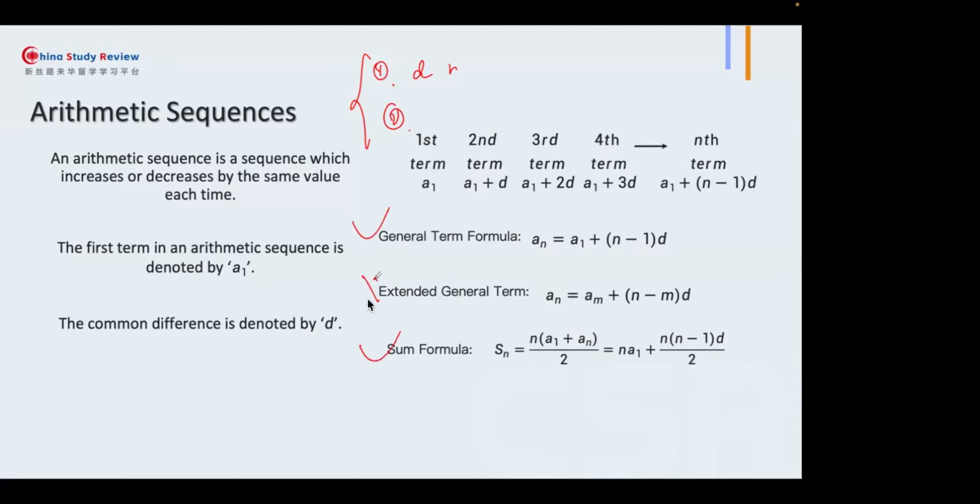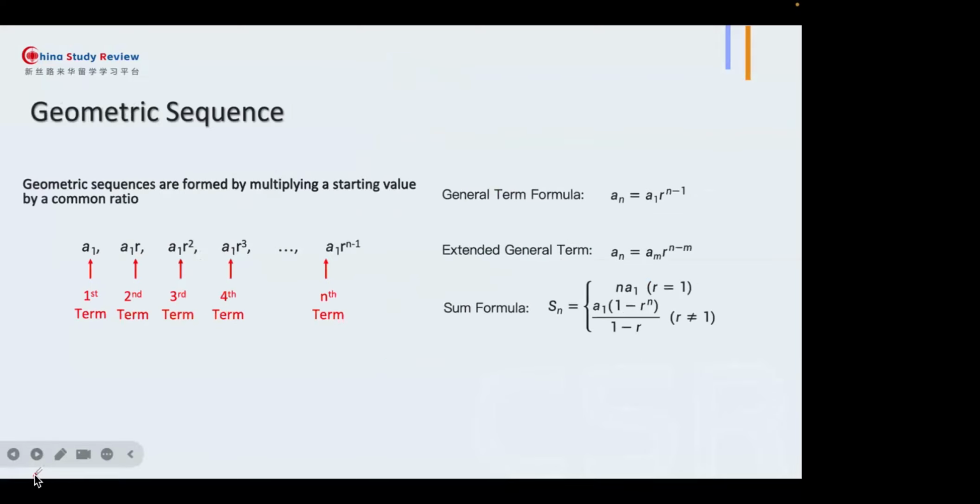You don't need to remember this because it can be derived from this, right? So just know how to calculate the general term, the sum formula, and how to find their differences and their ratios, okay? So for geometric sequences, it's also similar, but what I have to mention here is that your ratio can be negative, all right? So you may see something like this.